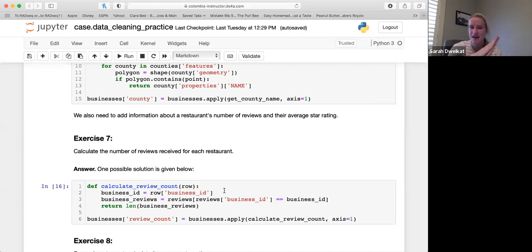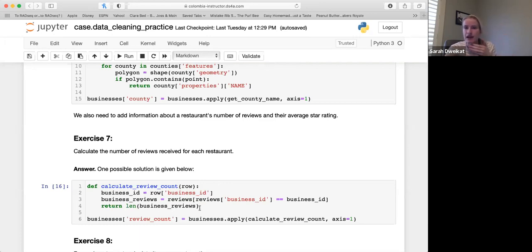We had our reviews data set and we have that business ID. What we're doing here is going through each individual row of our business ID column, because our row is our argument, that's each thing. If it's the same business ID in multiple rows, then we want to return the count for it.